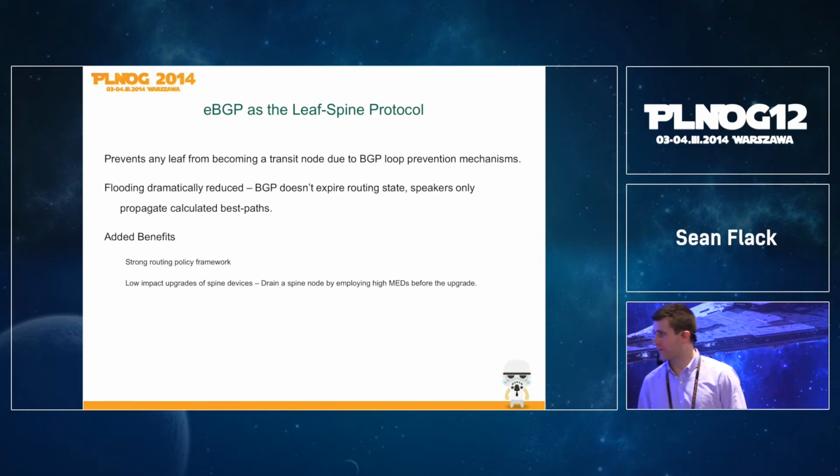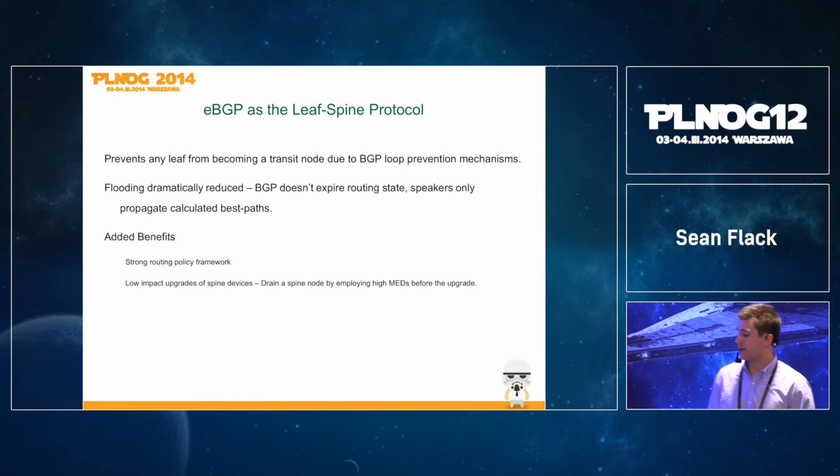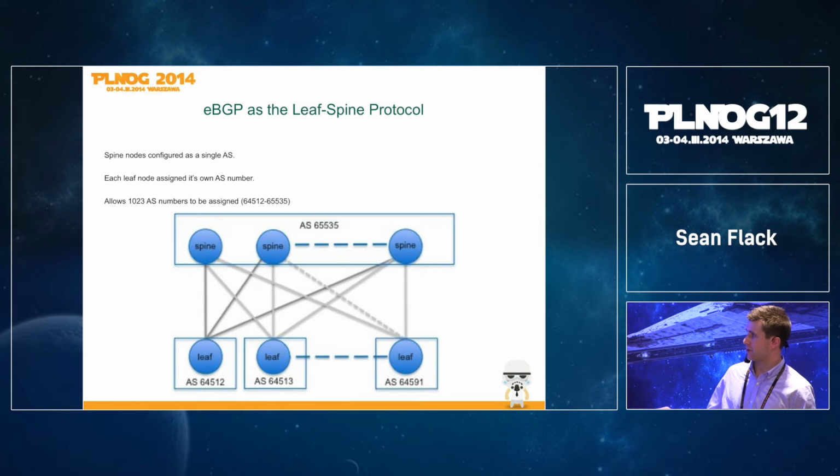Another added benefit as well: say I wanted to upgrade this device here, what I could do is advertise from that spine an increased MED or an increased metric from my host. Therefore, we're able to drain any routes pointing towards that spine device, and then traffic will be moved away from it.